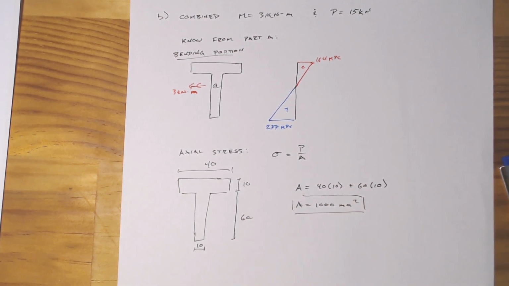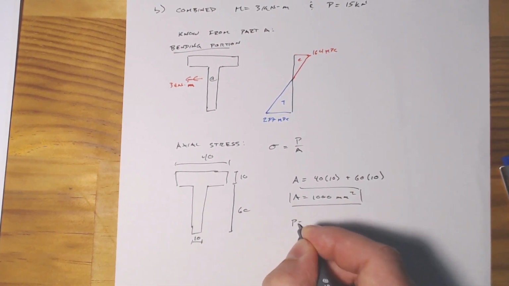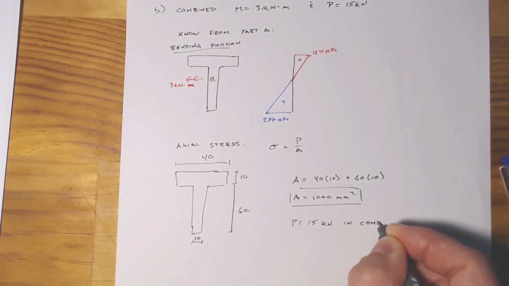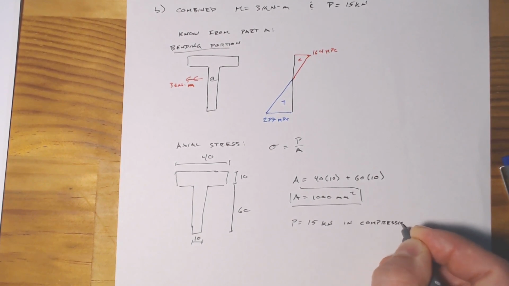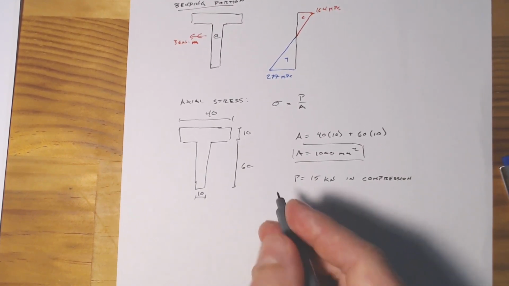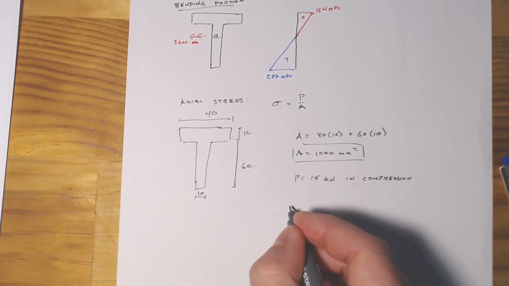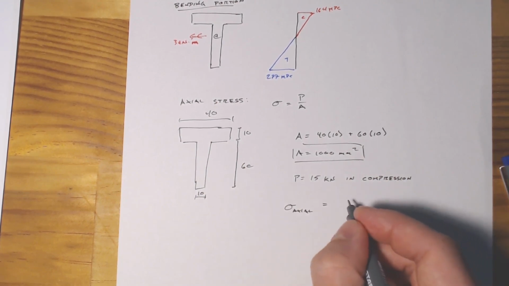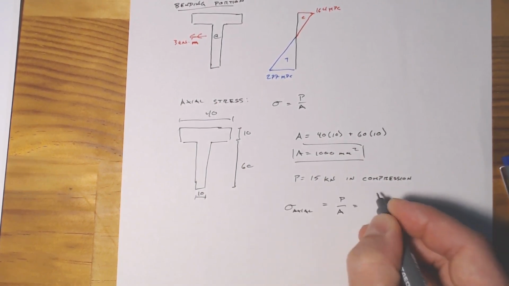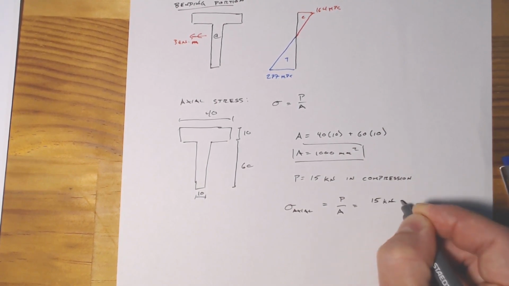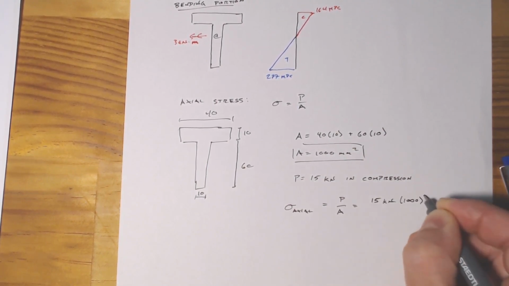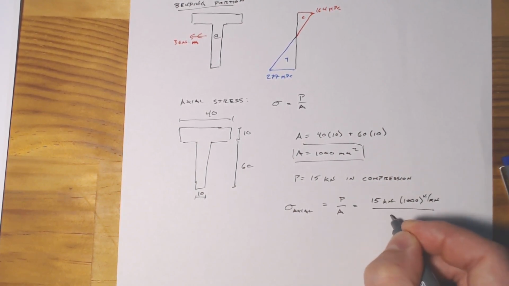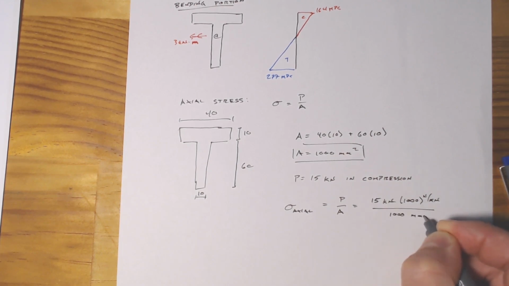All right, so that's very good. Then if we know that P equals 15 kilonewtons in compression, our axial stress is simply going to equal P over A, equals 15 kilonewtons times 1,000 newtons per kilonewton over an area of 1,000 millimeters squared.